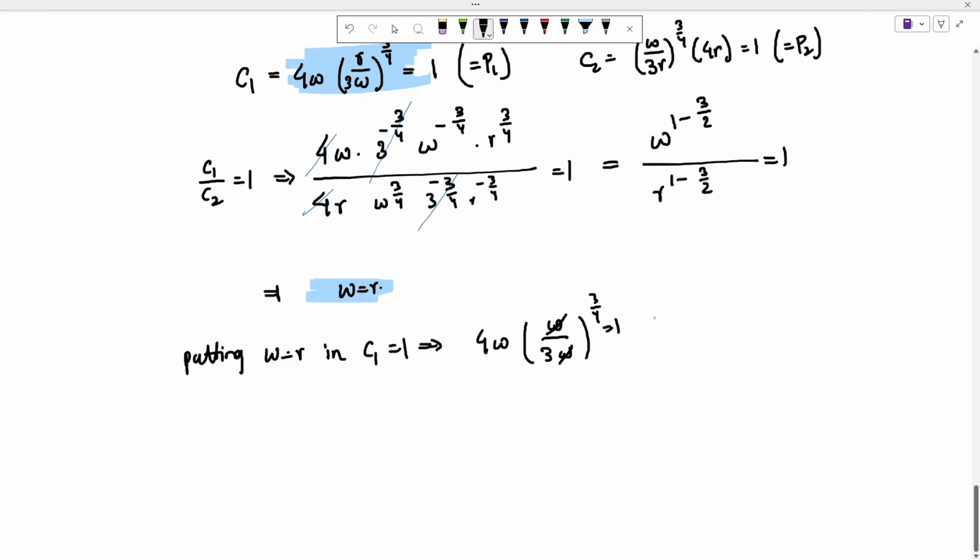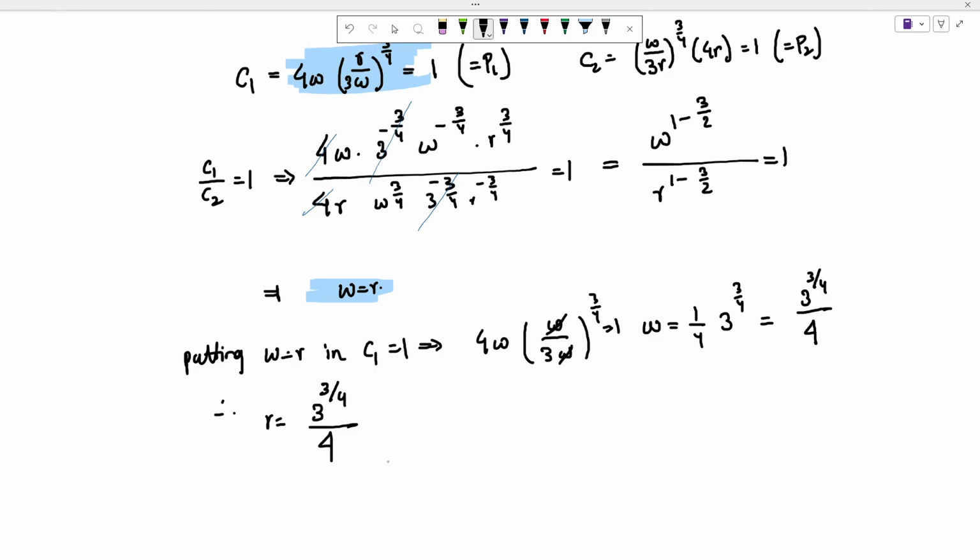So omega is just 1 by 4 and 3 to the power 3 by 4. So this is what omega is, and therefore r is going to be the same, 3 to the power 3 by 4 by 4. And that is that. So we have found the equilibrium.